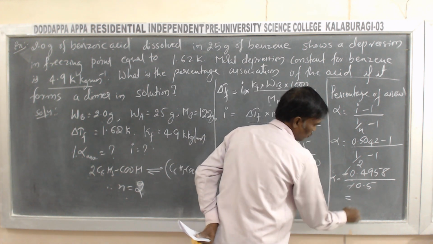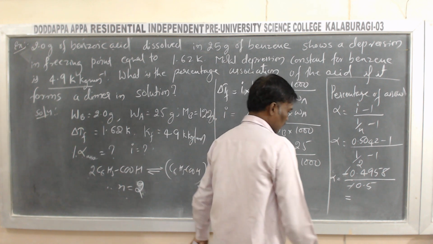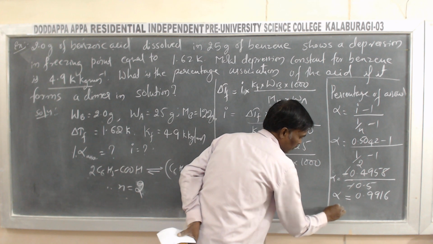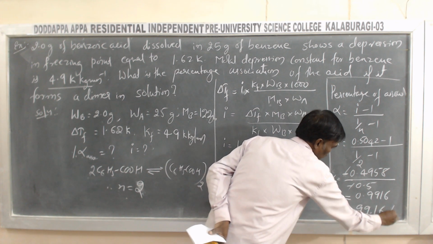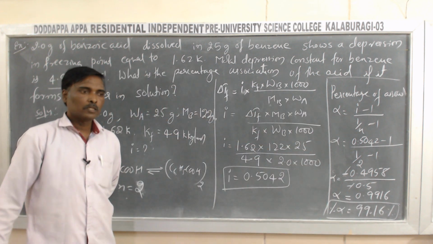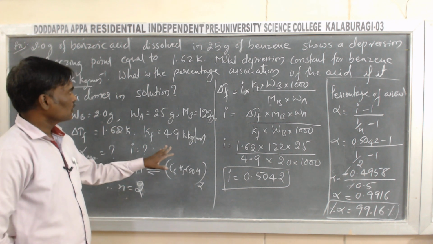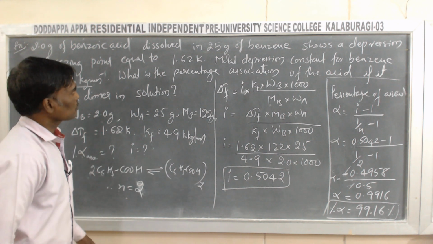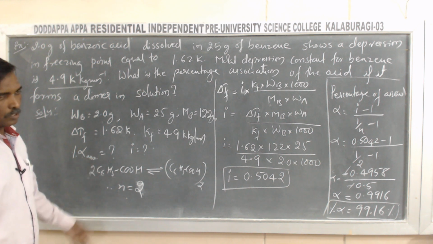Then you get the answer here as 0.9916 is the alpha, and the percentage of alpha is 99.16%. The percentage of association is almost 99.6. Okay, so just copy.